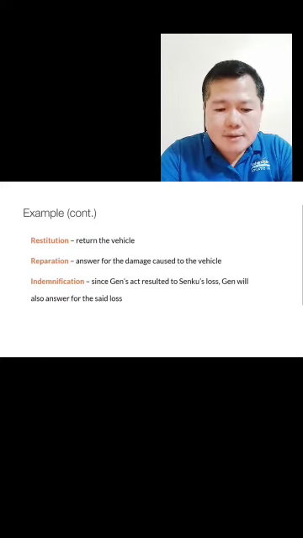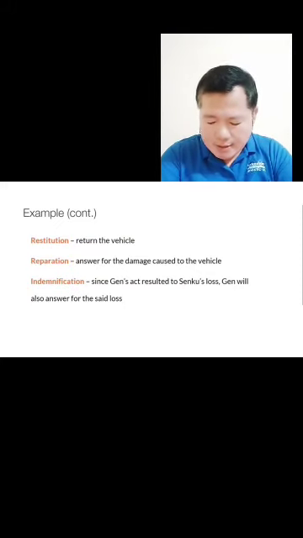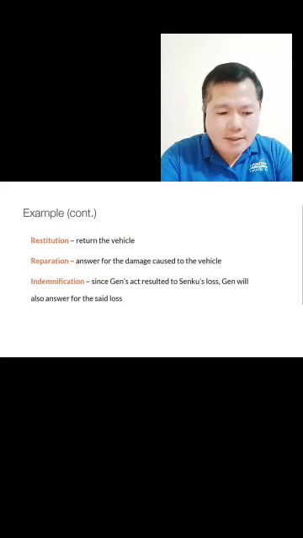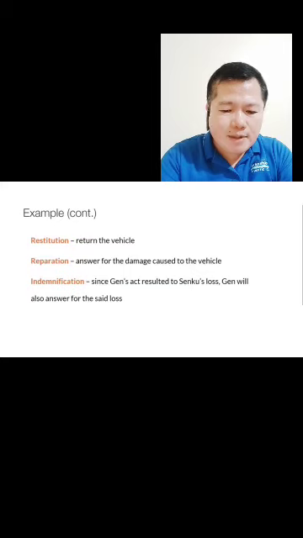Okay? So let's say that car was inherited, a family heirloom. In this case, it has sentimental value, and for the sentimental value, the court can assign a specific value.